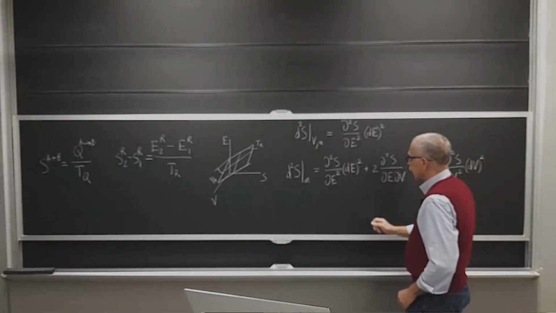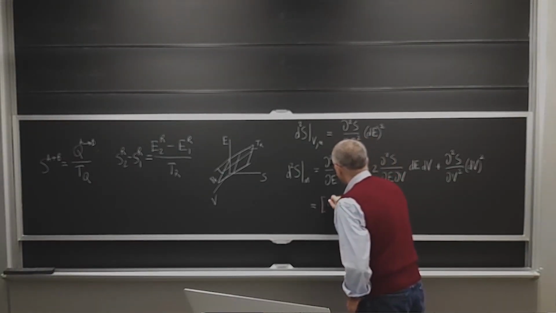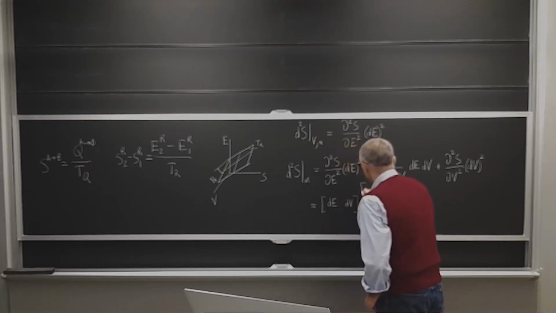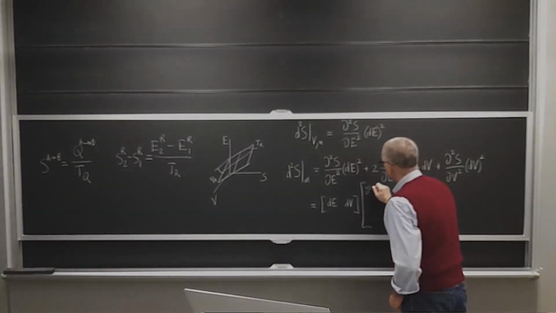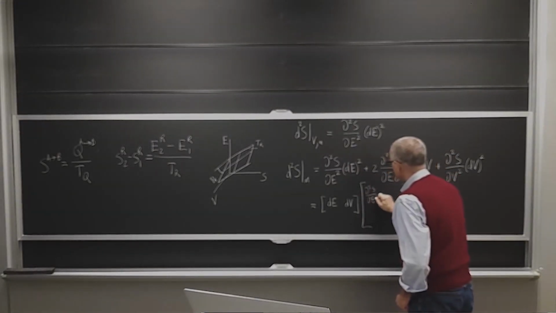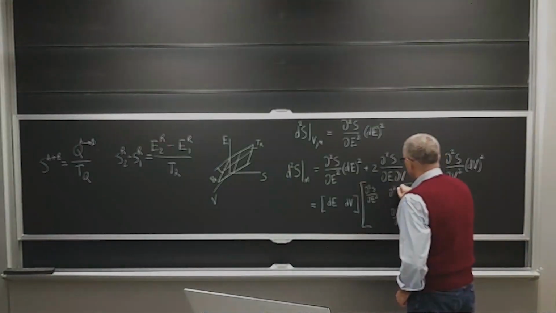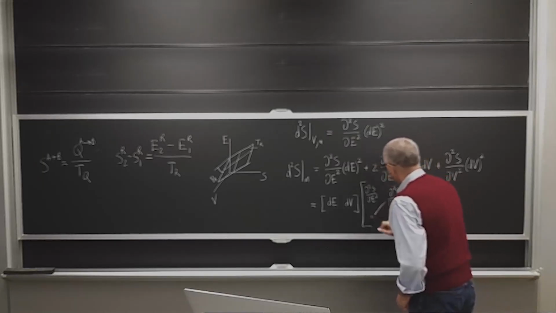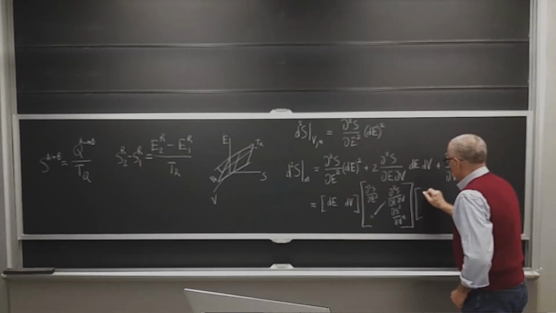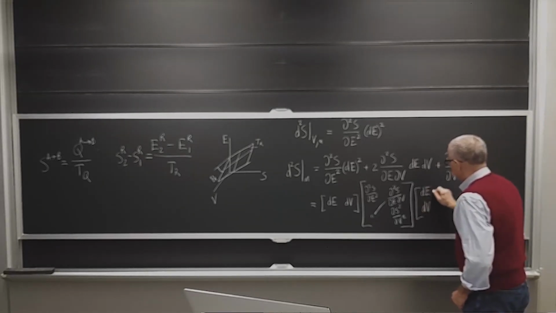which you can express also in this form, using matrices: dE dV, here you put the S matrix, which is made up of the second derivatives, and then you multiply this by this other vector made up of two elements, dE and dV.